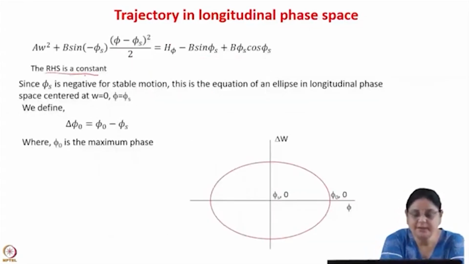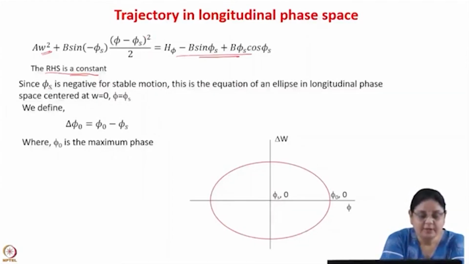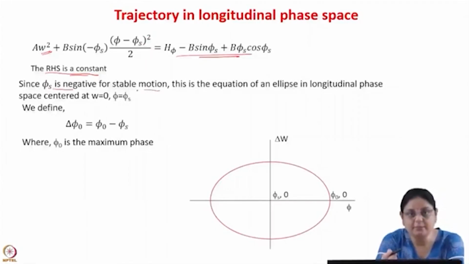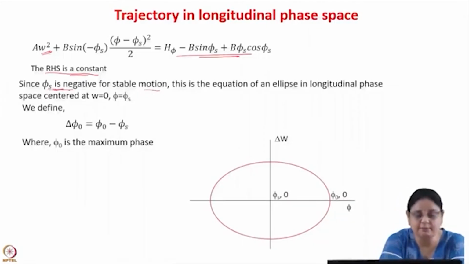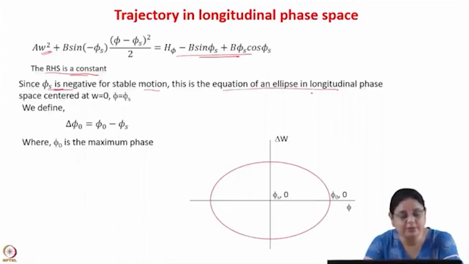So the right hand side is a constant here, and the left hand side is in terms of small w and (phi minus phi s) square. Since phi s is negative for stable motion, the synchronous phase has to lie between minus pi by 2 and 0. So phi s has a negative value. So this is the equation of an ellipse in longitudinal phase space.